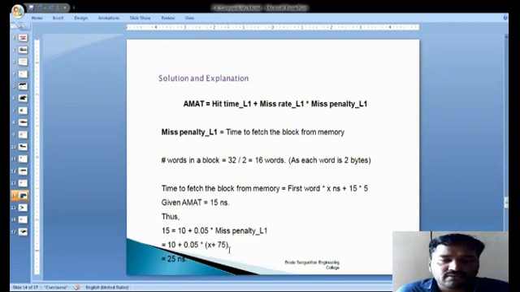So total number of words in block is equal to 32 by 2, which gives 16 words, as each word is 2 bytes. The average memory access time is 15 nanoseconds. So 15 is equal to 10 plus 0.05 into miss penalty. Finally, we will get the answer as 25 nanoseconds. Sorry, that is the value of X.